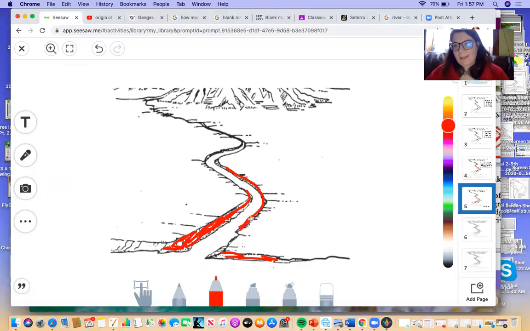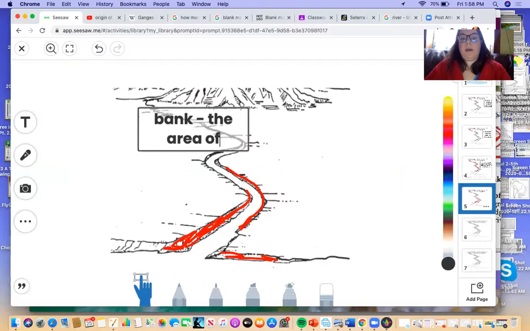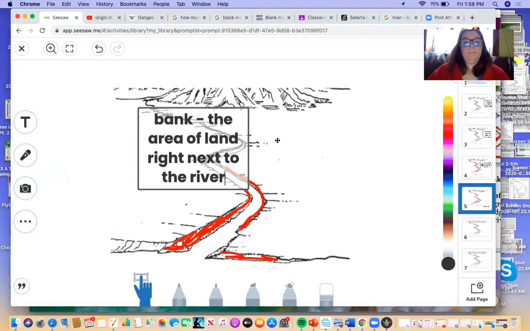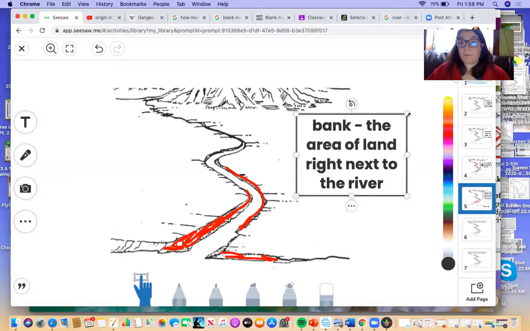Not the bank like you get money from, but this bank is the area of land right next to the river. People usually stand on the bank of the river, if you've heard that. So that's the bank.